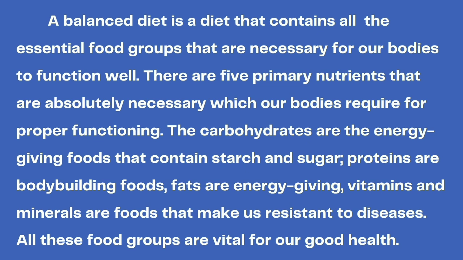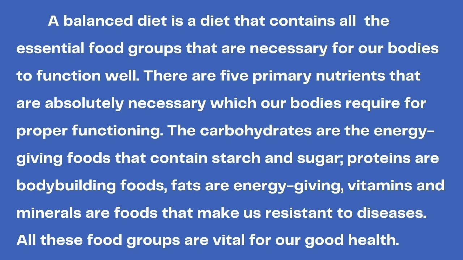The carbohydrates are the energy-giving foods that contain starch and sugar. Proteins are body-building foods. Fats are energy-giving. Vitamins and minerals are foods that make us resistant to diseases. All these food groups are vital for our good health.